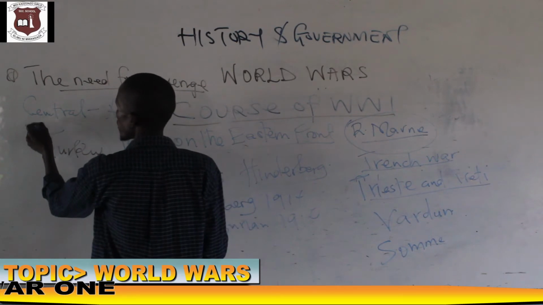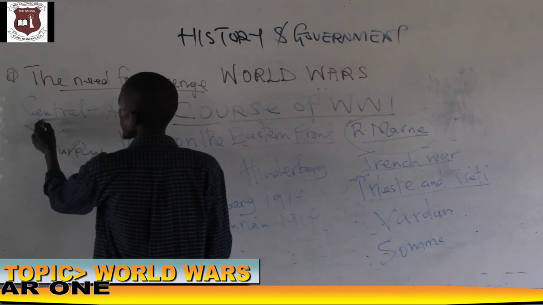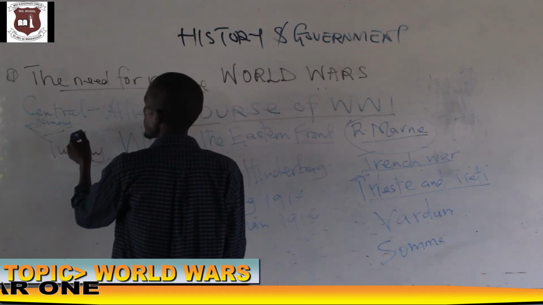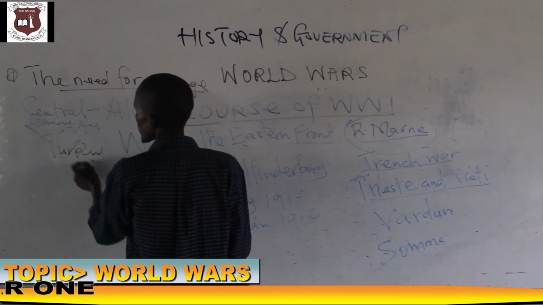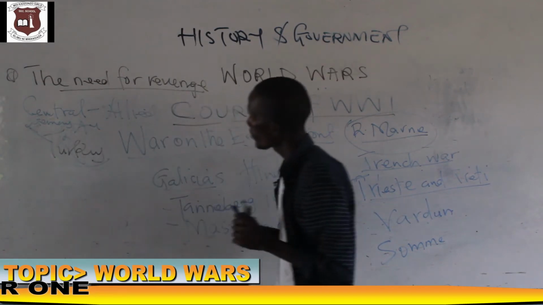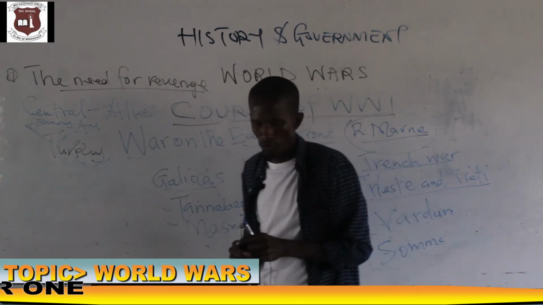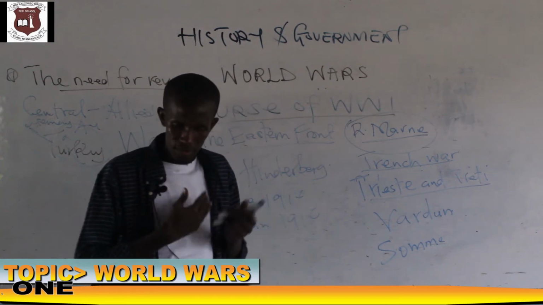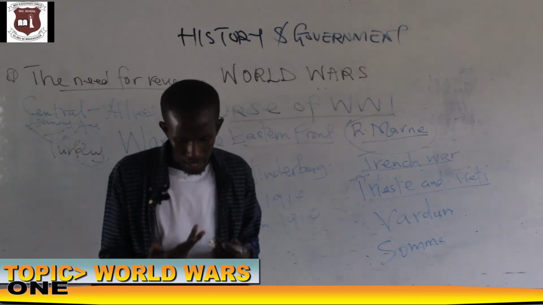So now it was Germany and Austria, and Turkey joined the Central Powers to help in the fighting against the Allied side. You can see the alliance system is also adding up.